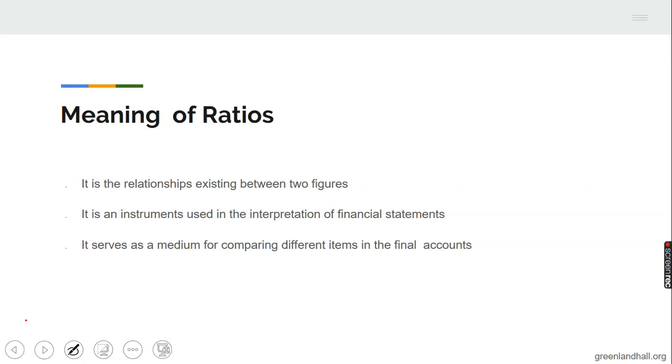For example, the performance in terms of profit, performance in terms of the share price, the performance in terms of incomes, and the performance in terms of the capital that's employed, and so on and so forth.